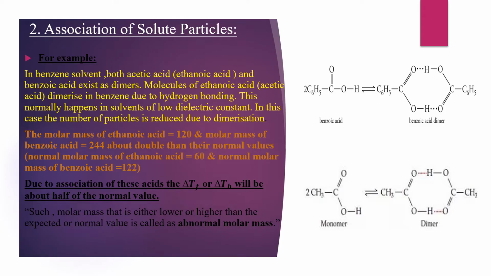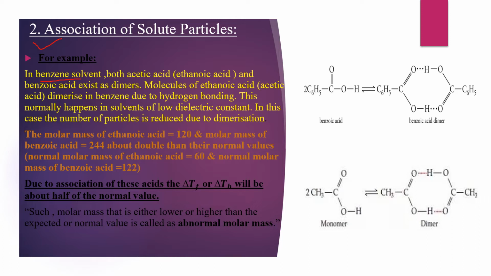Now come to the association of solute particles. For example, in benzene solvent, both acetic acid and benzoic acid exist as dimers. Basically, association of solute particles can be shown in covalent molecules, and covalent molecules are soluble in covalent or non-polar compounds.